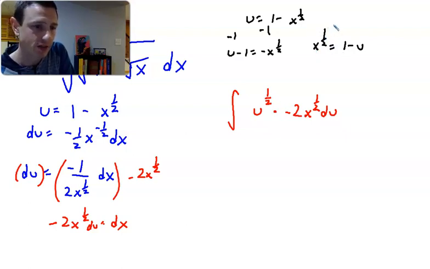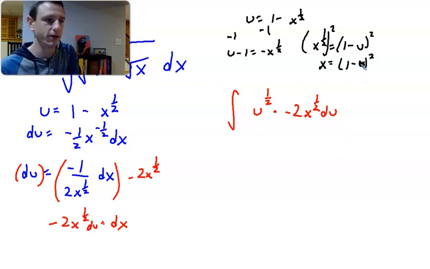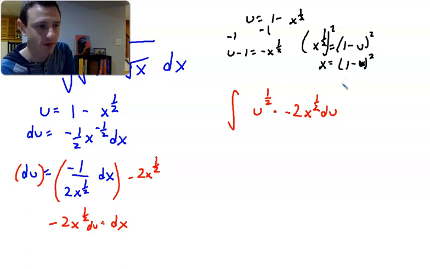I'm going to square both sides. I almost said square root, but I'm going to square both sides because it's a square root already. So I'm left with x equals 1 minus u squared. Before you freak out and say, oh, now I have to square this, I'm going to have to do 1 minus u times 1 minus u. Look what happens, though.